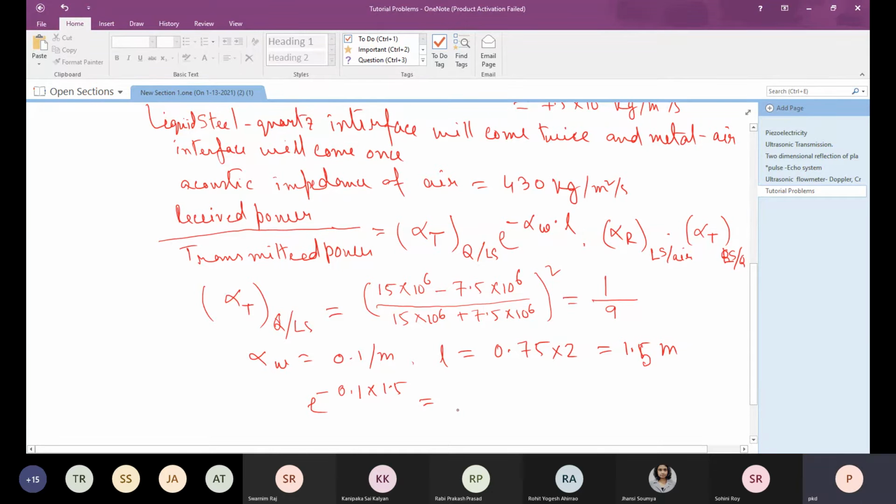So that is exponential of 0.15, exponential of minus 0.15. Again, I need to use my calculator.